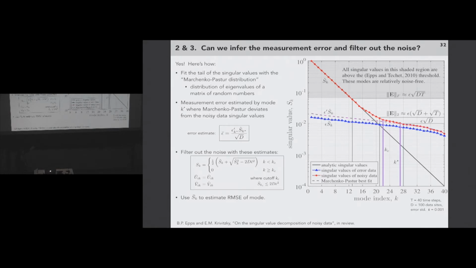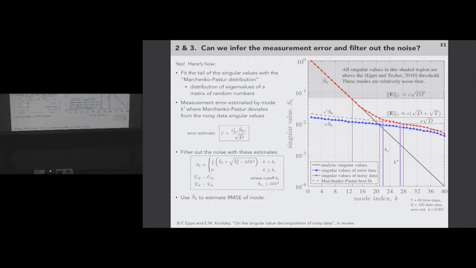So you can set that equal to the value of your Marchenko-Pastur distribution, and you can solve for your error estimate. Okay? So knowing that, you can use this formula to back out what you estimate to be the true singular values. So you can take these red dots and make them lay back down onto the black curve where they should be. Again, I don't have time to derive that, but that's in the paper.